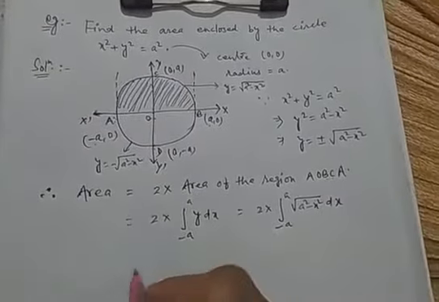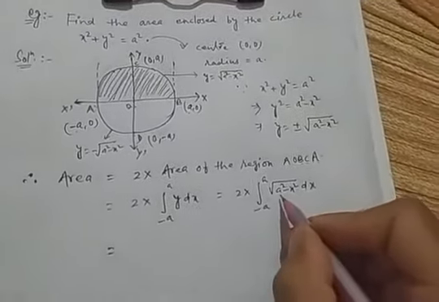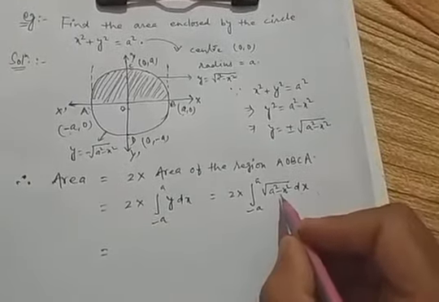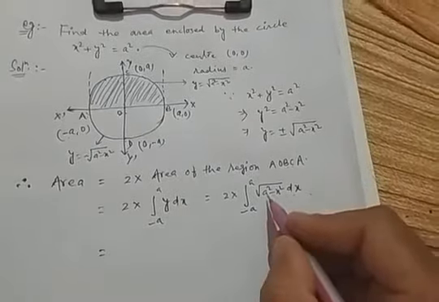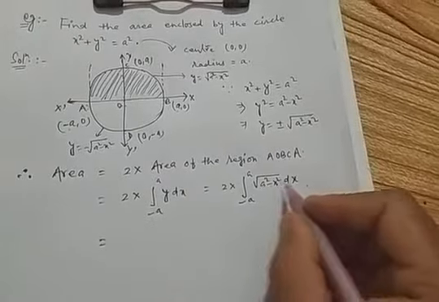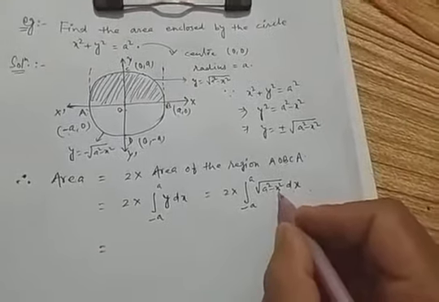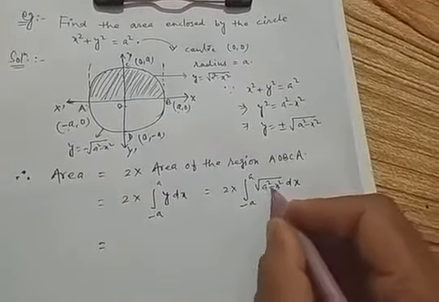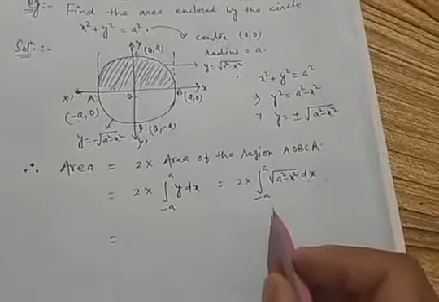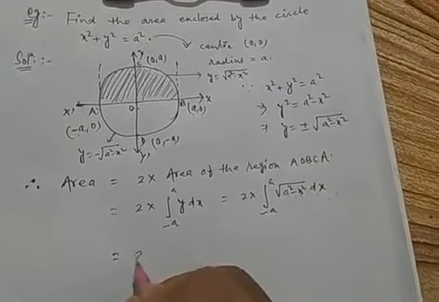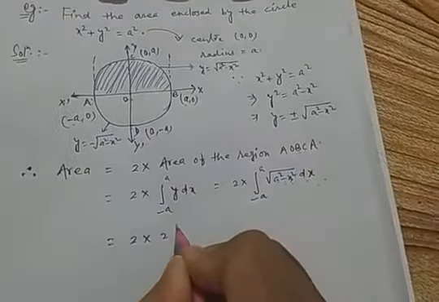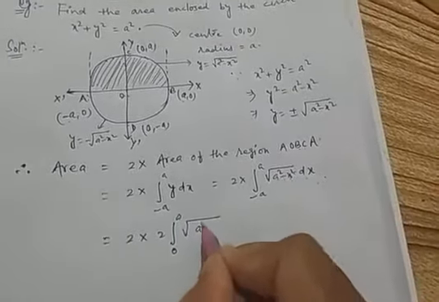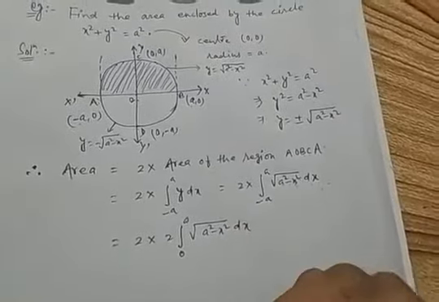Okay, so since students here a square minus x square is an even function, because a square minus x square does not change when we put x is equal to minus x here, so a square minus x square is an even function, so we can write it as 2 into integration from 0 to a under root a square minus x square dx.